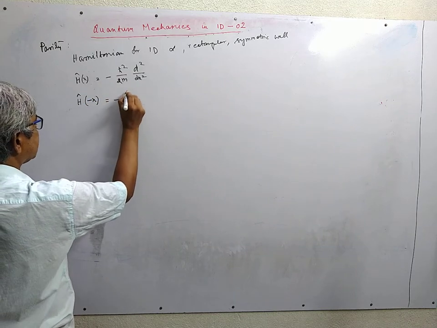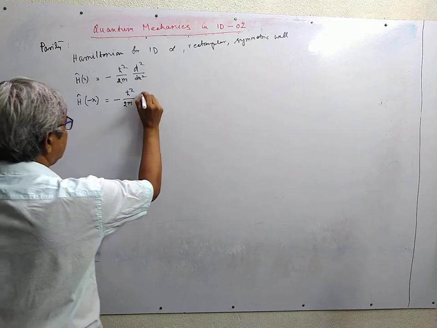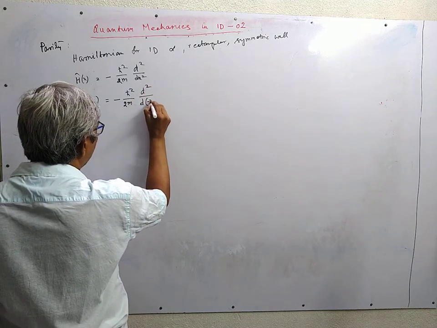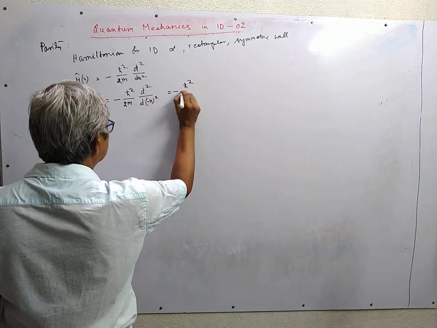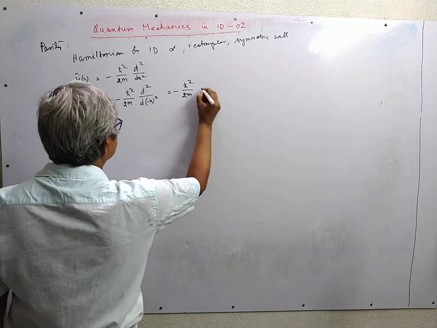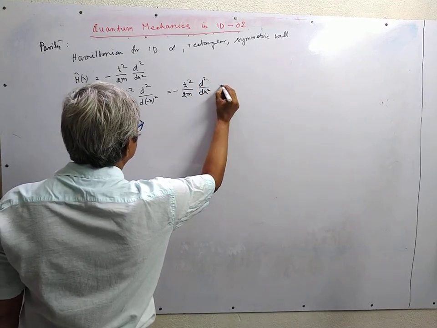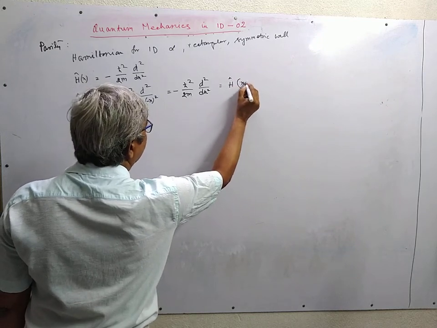H of minus x is minus h bar squared by 2m d2 d of minus x squared, which is equal to minus h bar squared by twice m d2 dx2. This is equal to the Hamiltonian at x.